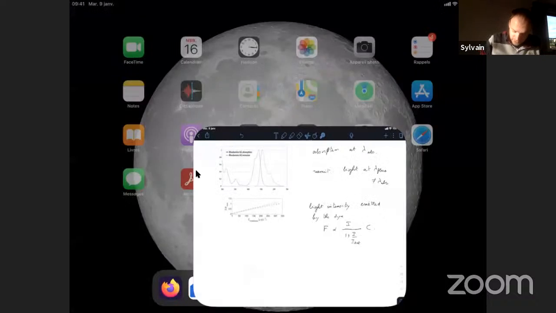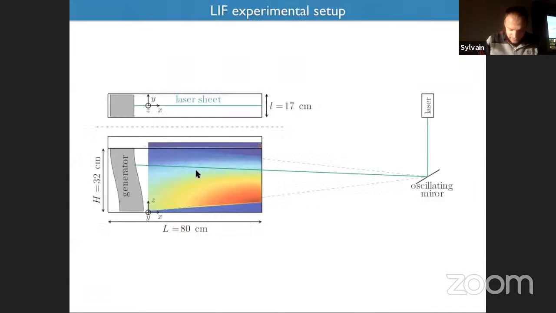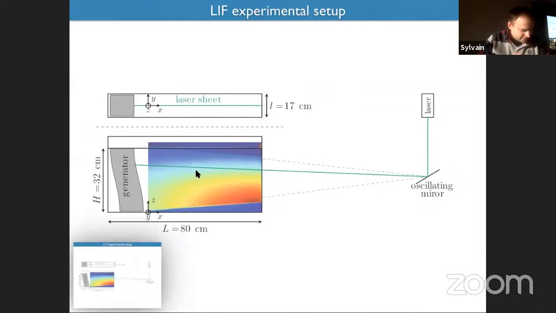And this uses this sketch, one of the last sketches I will show.